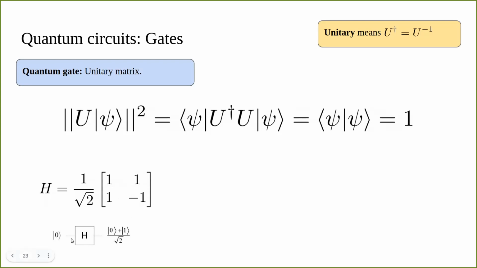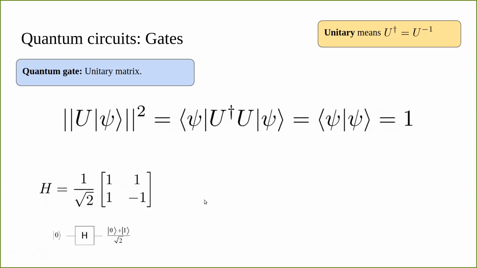Acting on the 0 state, this is useful notation that we'll use. H acting on the 0 state is just the first column of this matrix, which we can write as 0 plus 1 over square root of 2. So Hadamard will create an equal superposition of the two computational basis states, 0 and 1.